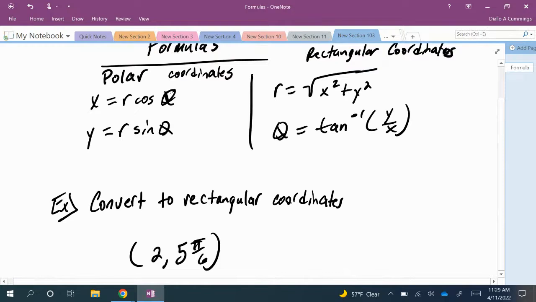So since we're given polar coordinates and we want to convert to rectangular coordinates, we're going to use this first set of formulas, where we have x is equal to r times the cosine of theta, and that would give us the x coordinate of our ordered pair. And then we have y is equal to r times sine theta, which would give us the y coordinate of our ordered pair.